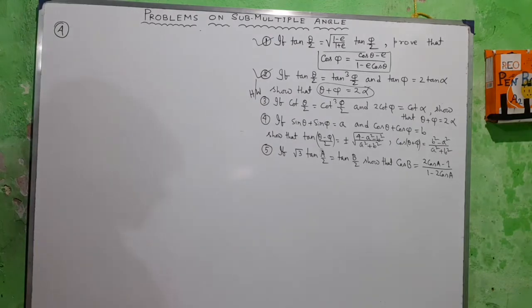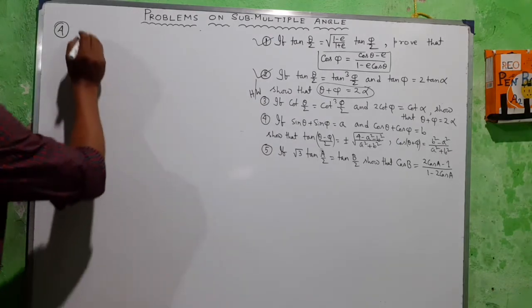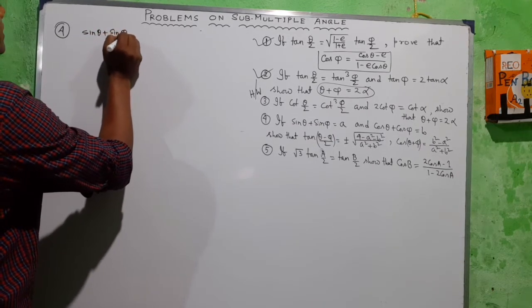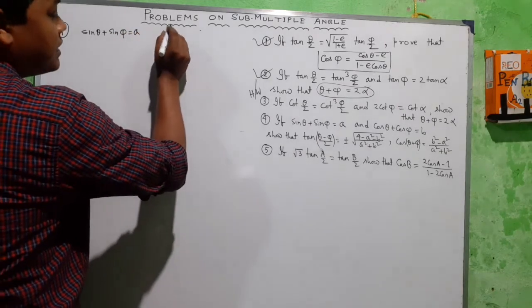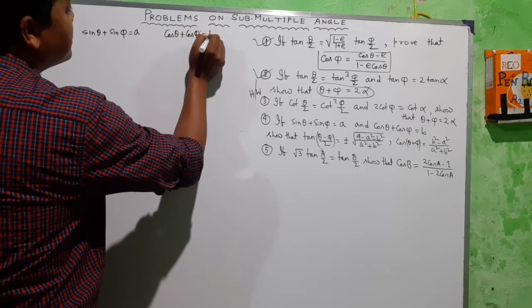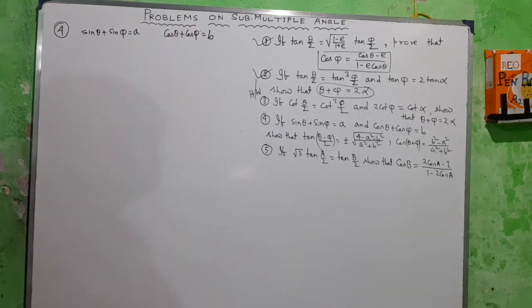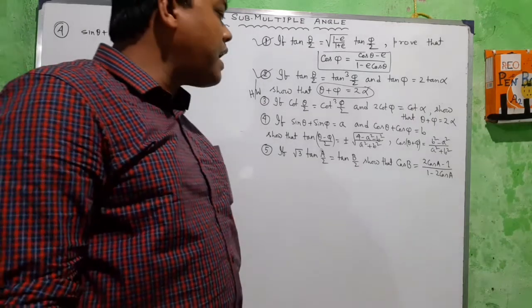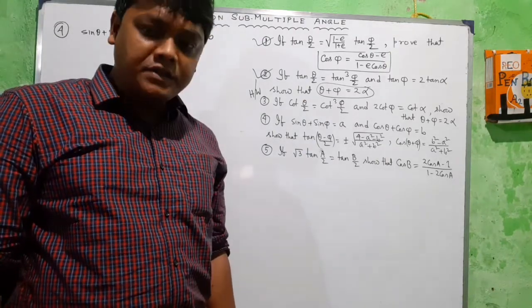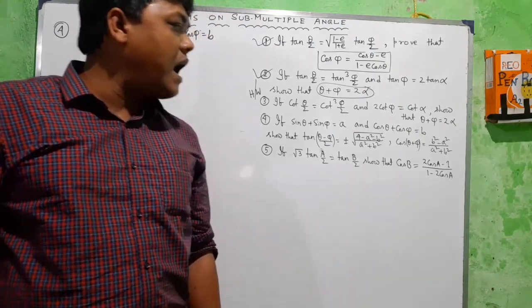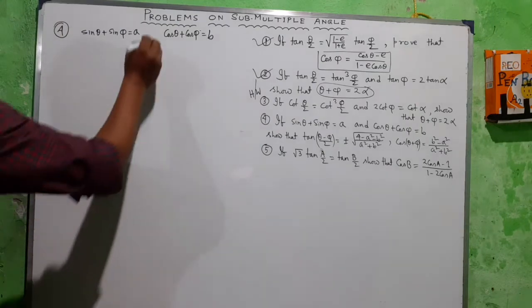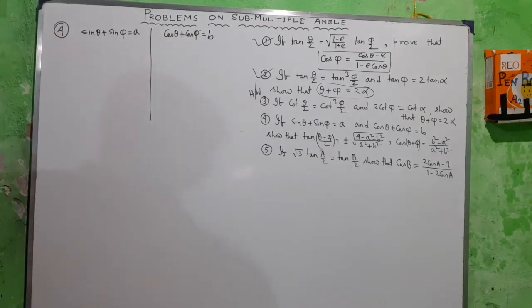And problem number 4: if sin theta plus sin phi equals A, this is given to you, and cos theta plus cos phi equals B. Now you have to prove that cos of theta minus phi by 2 equals plus minus square root of (A square plus B square) by 4, and cos of theta plus phi equals (B square minus A square) by (A square plus B square). Okay, so the two equations are given to you.